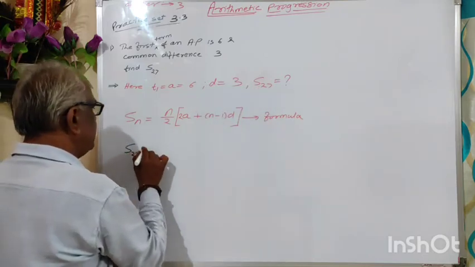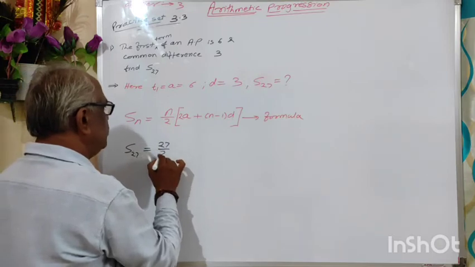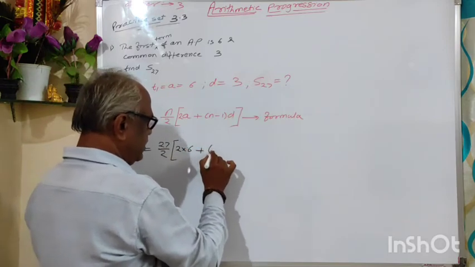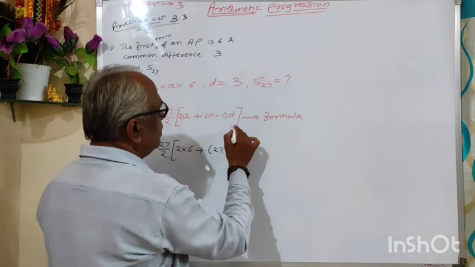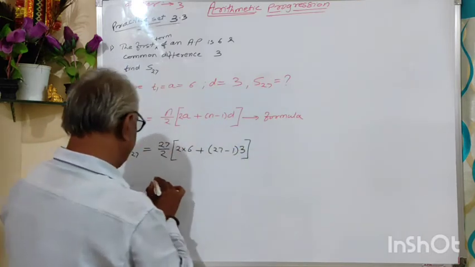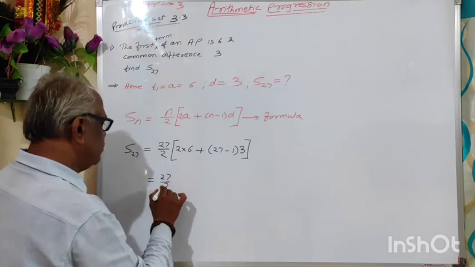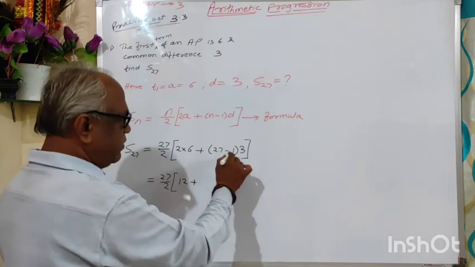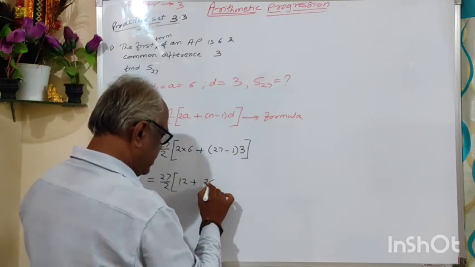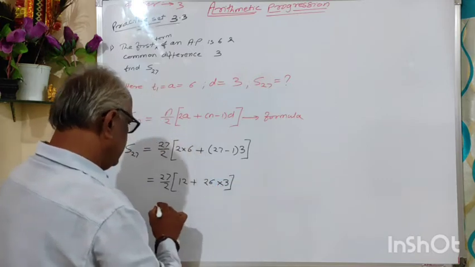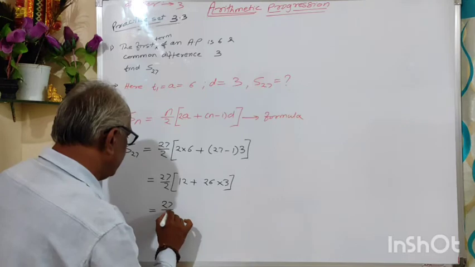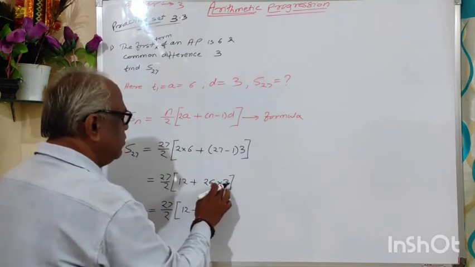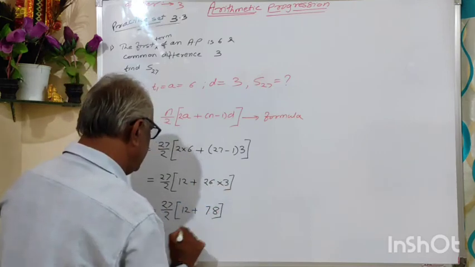So S27 is equal to 27 upon 2 into bracket 2 into a, which is 6, plus n, which is 27, minus 1 into d, which is 3, bracket complete, which is equal to 27 upon 2 into bracket 2 sixes are 12 plus 27 minus 1 is 26 into 3, which is equal to 27 upon 2 into bracket 12 plus 3 sixes are 18, carry 1, 3 sevens are 21 and 1 is 22, that is 78.